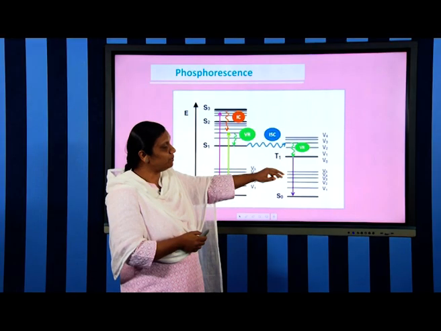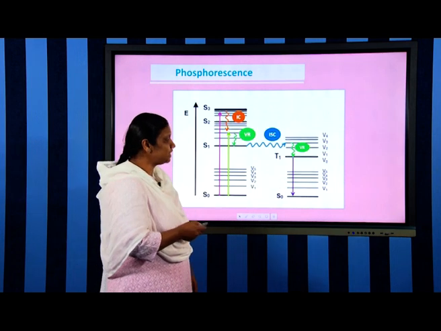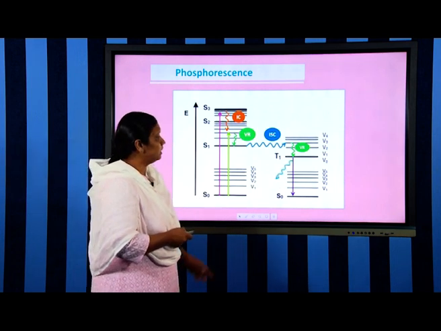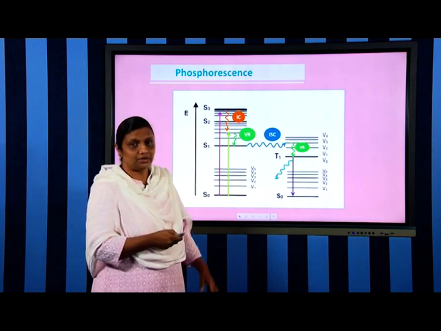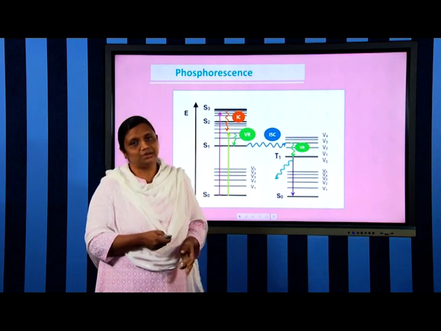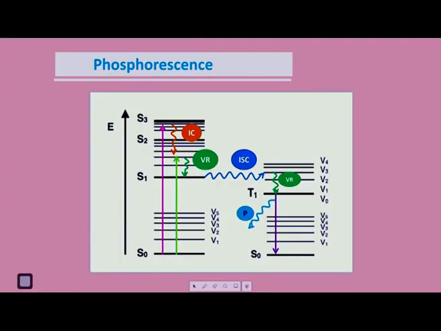Remember, the electronic transition is happening from the lowest vibrational level of triplet state to the lowest vibrational level of the singlet state. So, here what is happening? There will be again spin flipping, the spin of the electron will be changed. Now, when this happens with the emission of radiation, that is within the UV visible light, then we call it phosphorescence. Now, this is a very slow process, and this involves spin flipping twice.